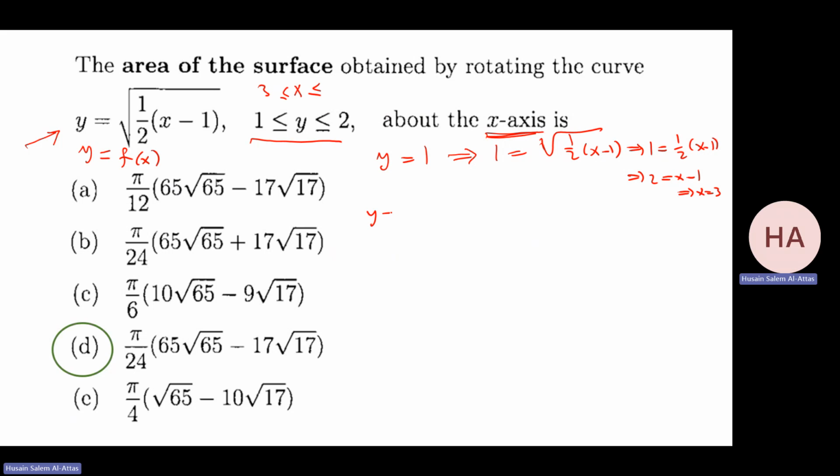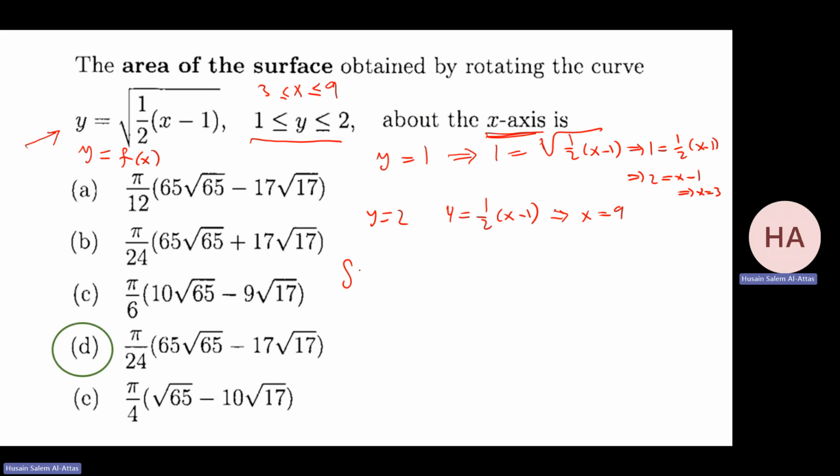Now, if y equals 2, I have 4 equals half x minus 1, so that gives me x equals 9. Okay, now I can work it out as this function.